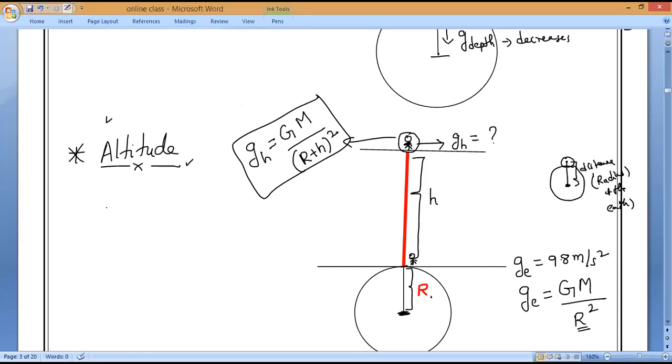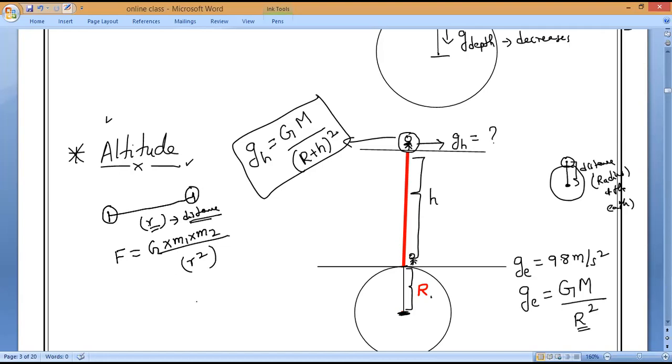We always consider Newton's universal law of gravitation. The distance between their centers is called R. Do you remember the formula? Force F is equal to G times M1 times M2 divided by R square. R means distance.